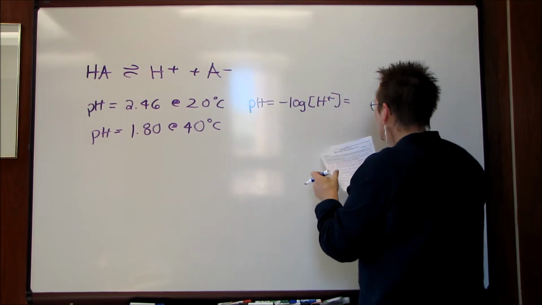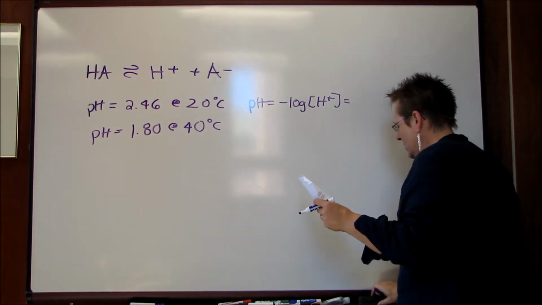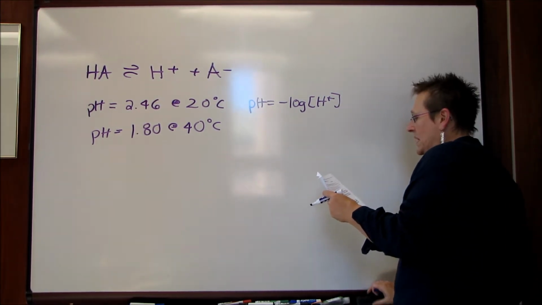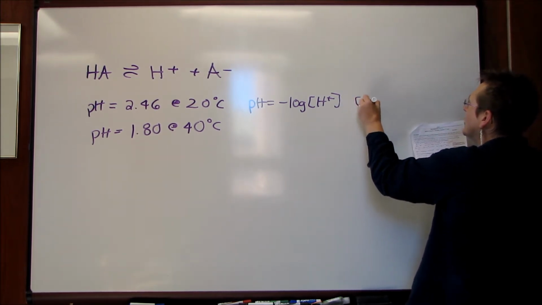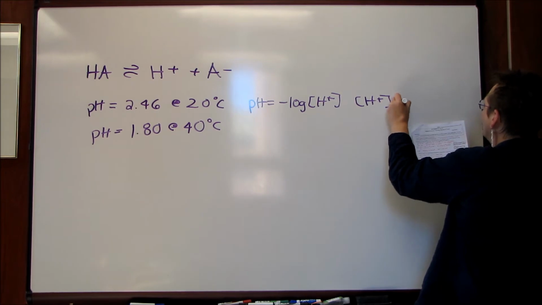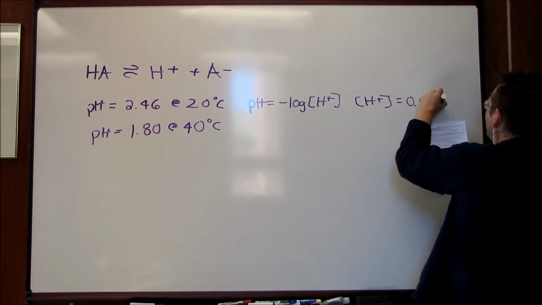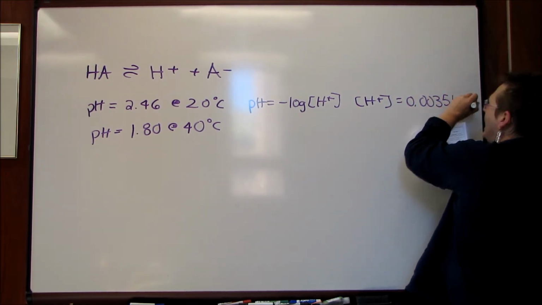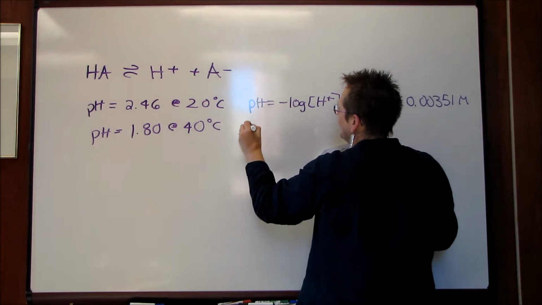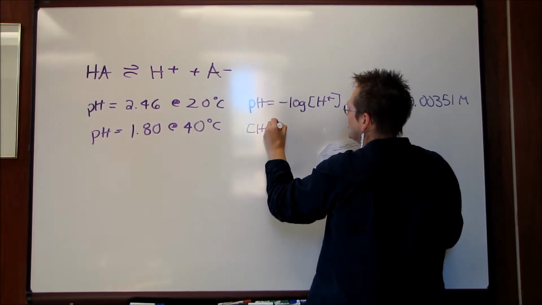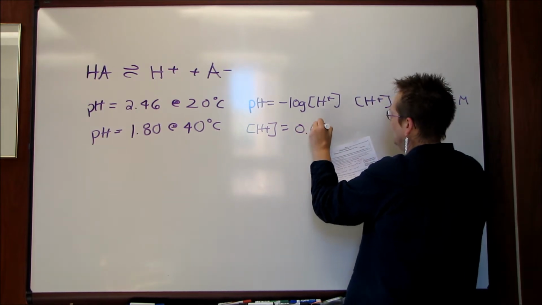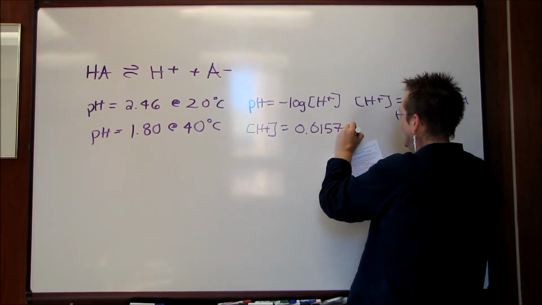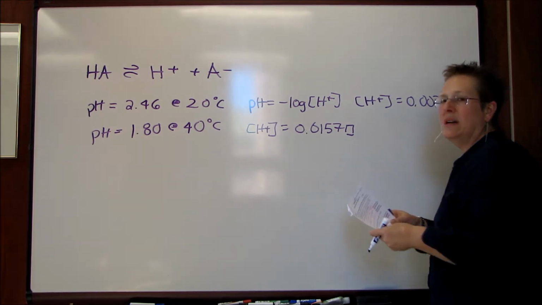At 20 degrees, the hydrogen ion concentration works out to be 0.00351 molar. And at the other temperature, it works out to be 0.0157 molar.